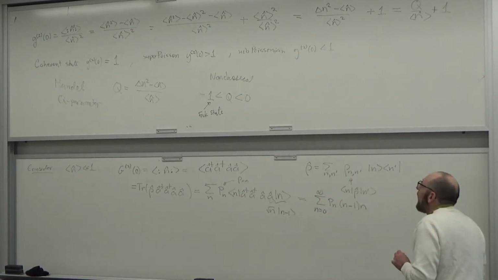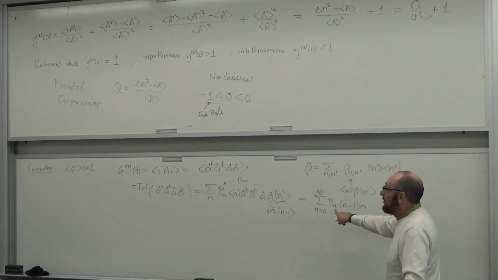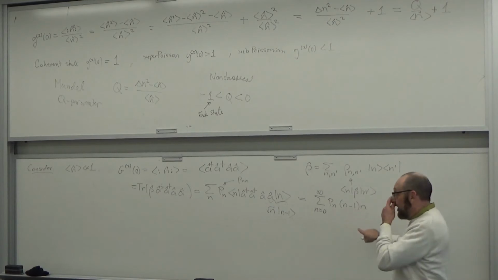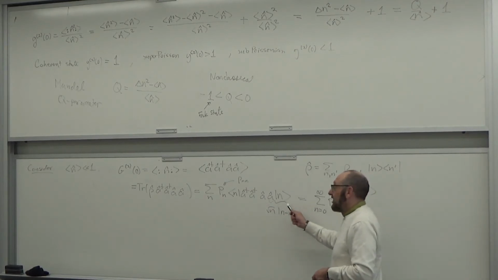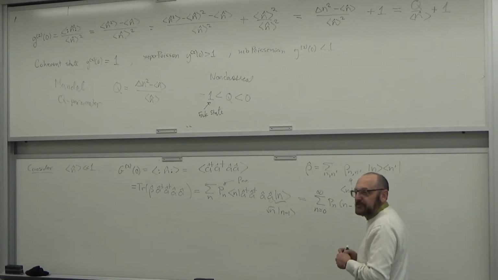Okay. So now if the mean number of photons is much, much smaller than 1, then the dominant contribution in this sum is the lowest case. When n is 0 or 1, this is 0, so n equals 2 is the first term.